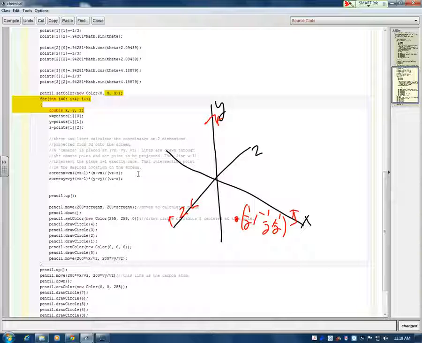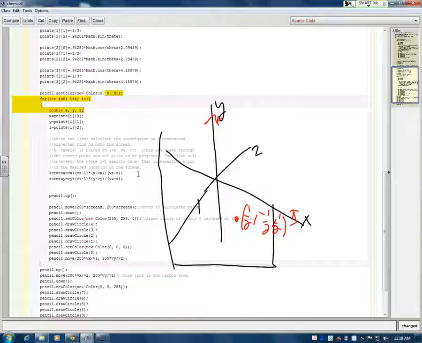And so now what I do to actually convert these into two dimensions is I have two different objects, but not in the computer science sense. I have two mathematical objects here. I have a plane, which represents the screen, and that's the equation z equals 1.